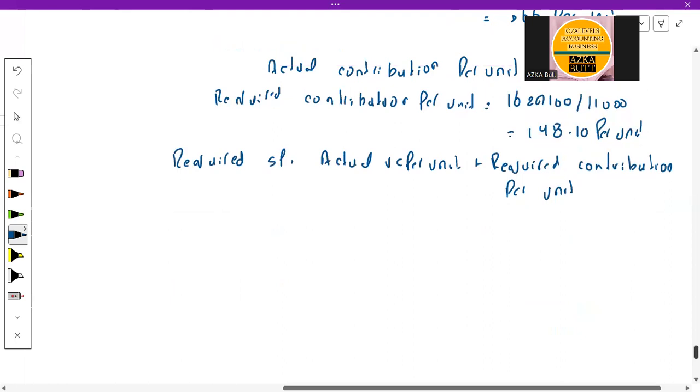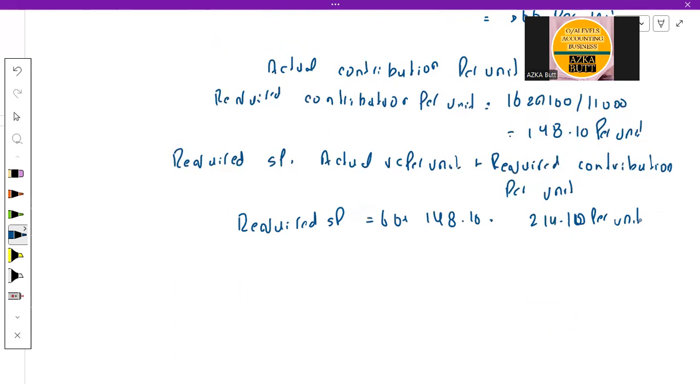So required selling price is equal to 66 plus 148.10, which is equal to 214.10 per unit. So the unit selling price that would have given the same total contribution as the standard contribution for April 2024 is $214 per unit. Okay.